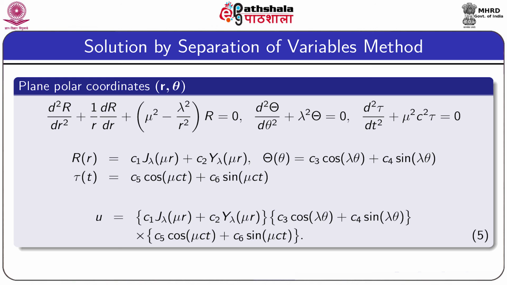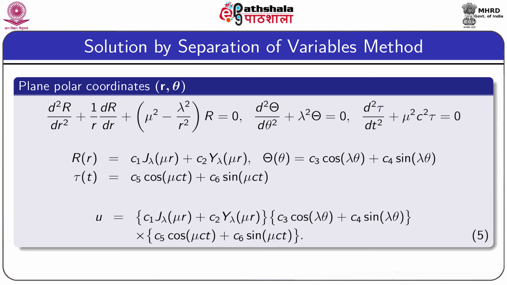Similarly, we can obtain the solution for tau as a linear combination of the sine and cosine functions: C5 cos μct plus C6 sin μct, where C1, C2, C3, C4, C5, C6 are arbitrary constants, and the values of these constants can be obtained from the supplied initial and boundary conditions.